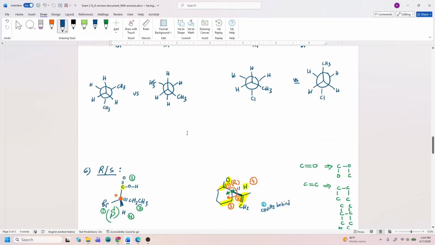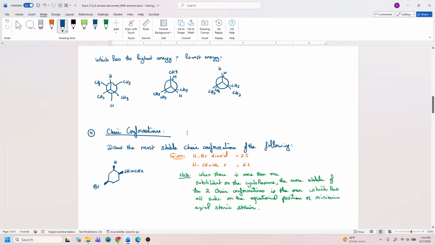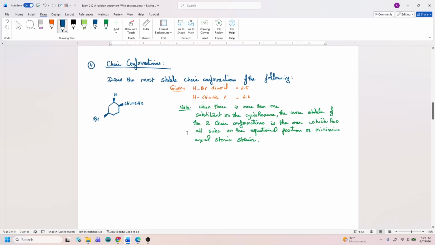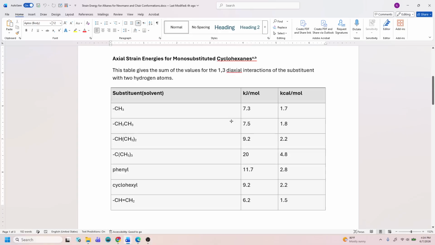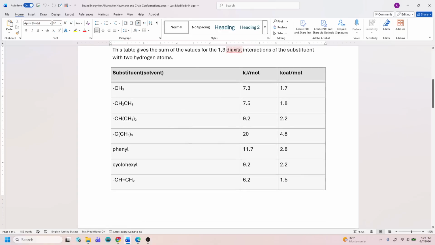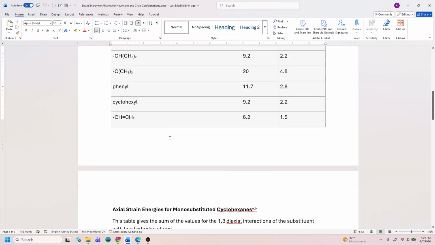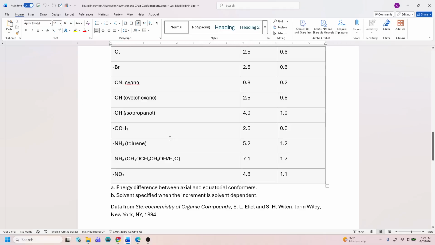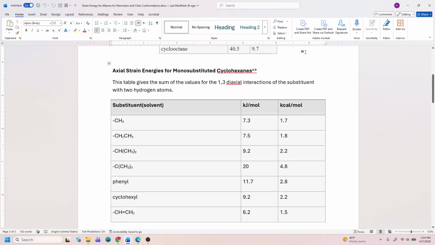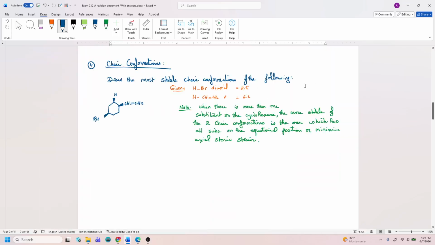Another thing that I was asked about is the chair conformation. This is to draw the chair conformation. Now, again, I'm going to refer to that table that I posted over here, and these are the diaxial interactions for all the groups in there. I would give you also the values in the given whenever I ask you about them.